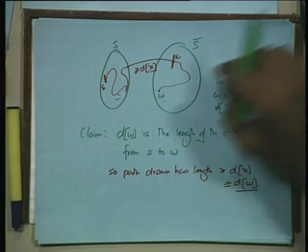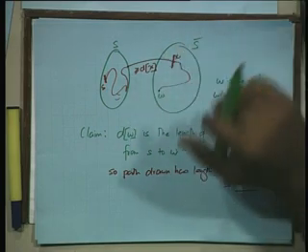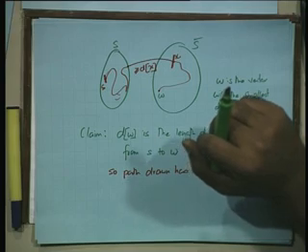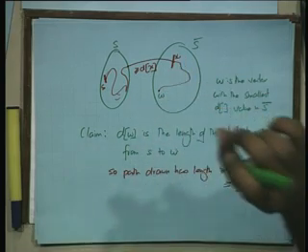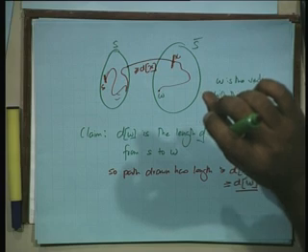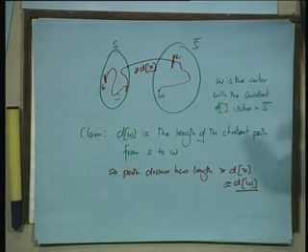So, there is no path to w which is smaller than length d of w, no path at all possible.